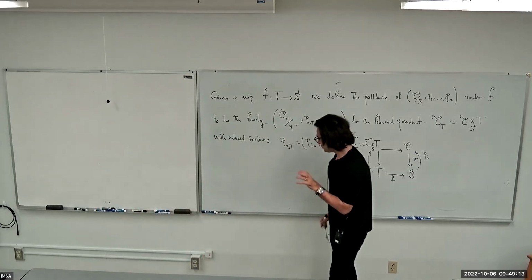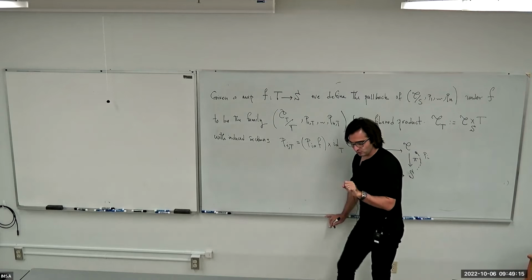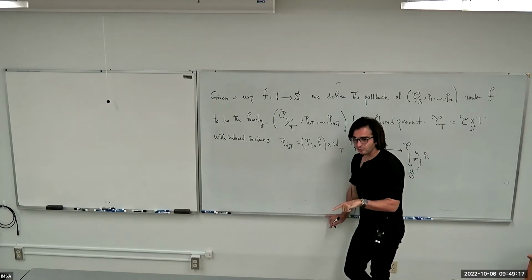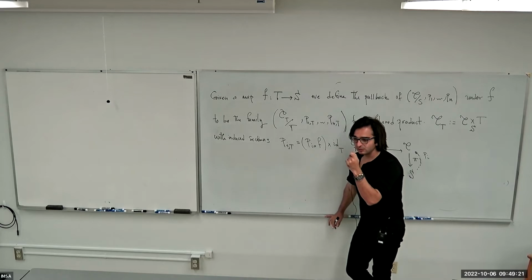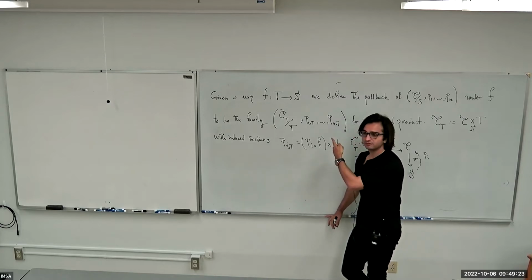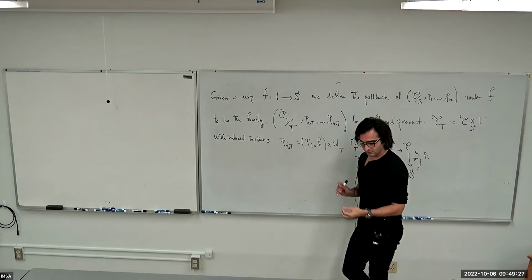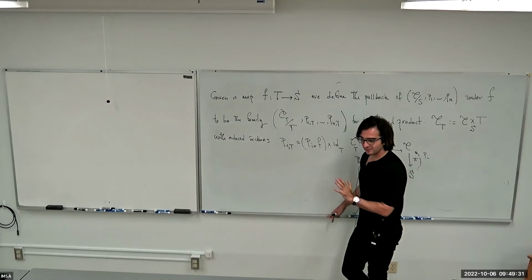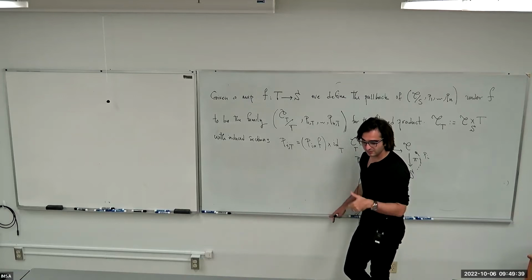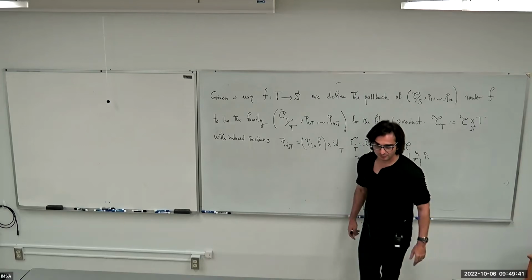So this machine is a functor. You feed this functor with one point, it gives you one single curve with given markings on it. You feed it with a line, it gives you a parameterized family of curves over that line. Every point of the line becomes a curve. You feed it with the plane, it gives you a two-dimensional family. You feed it with a cube, it gives you a three-dimensional family, and so on and so forth.